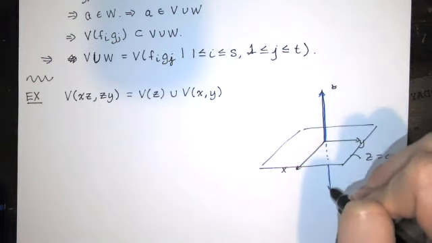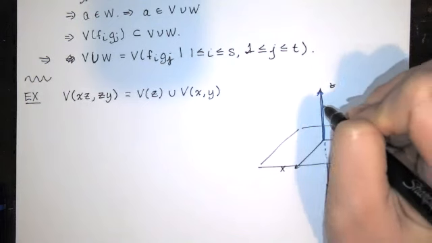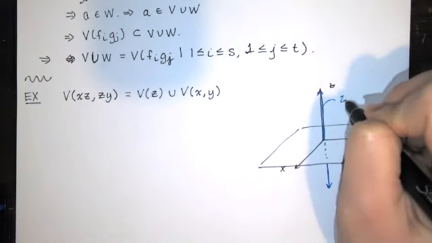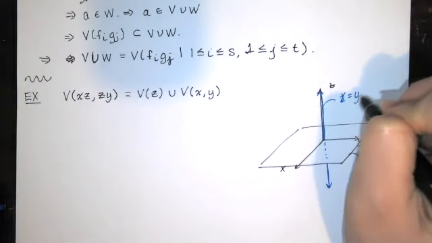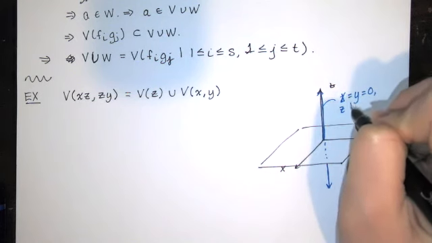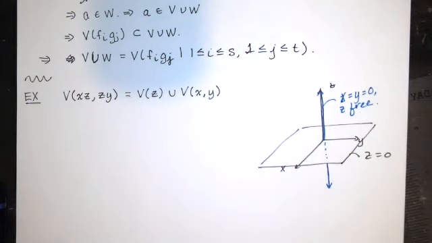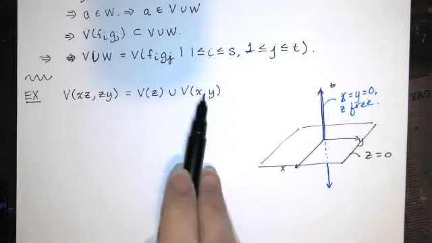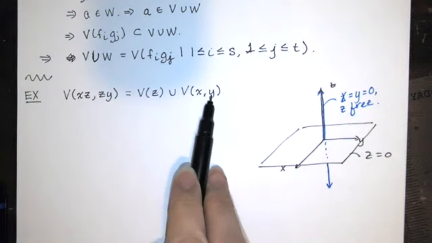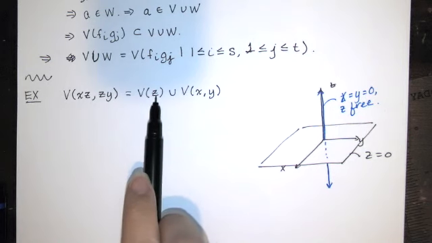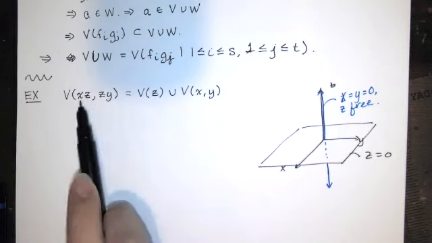So that's the z-axis. X equals 0, y equals 0, z is free. So if I take the product of each of these and multiply it by each of these, and it turns out to only be one, we get this.